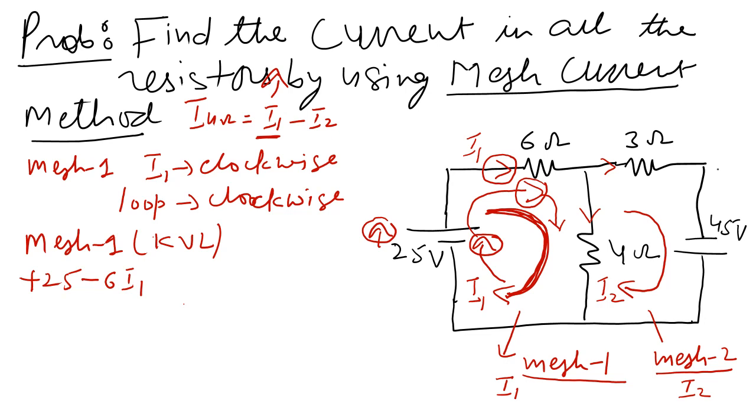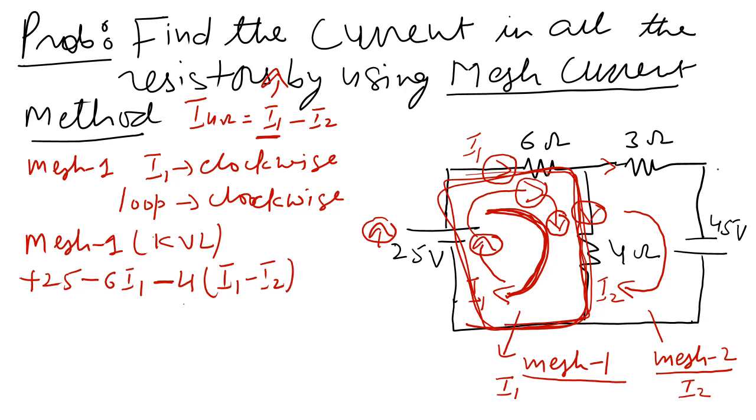The direction of I1 is moving clockwise, like this, and the loop is also in this direction. So that's why a minus sign will come. So this is minus 4 times I1 minus I2, and this is equal to 0.